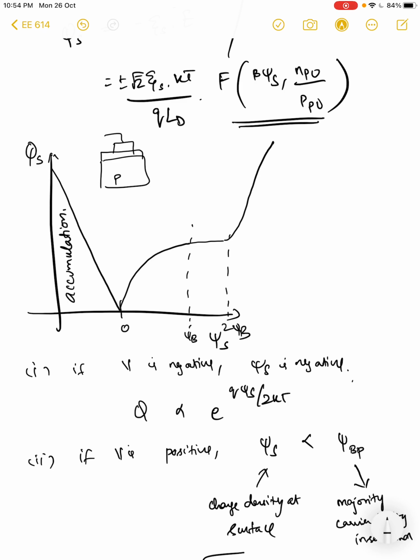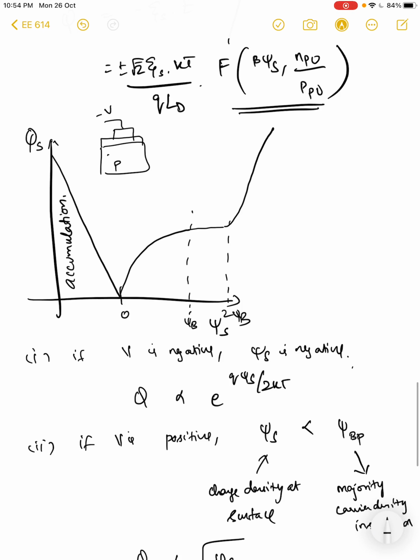If I apply a negative potential leading to negative surface potentials, it's easy to see that I will accumulate holes from the majority bulk to the interface, and the electrons will be repelled out. After a certain point, your holes will form a sheet of charge carriers here, screening out all the potentials, and hence the electrons will not be affected. So this is the accumulation region.